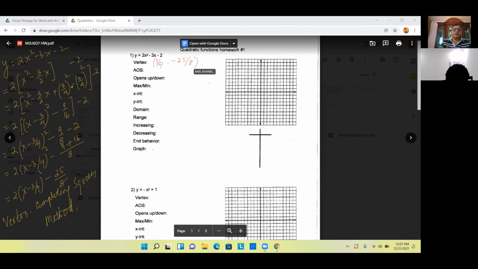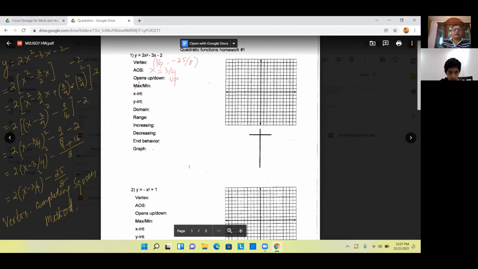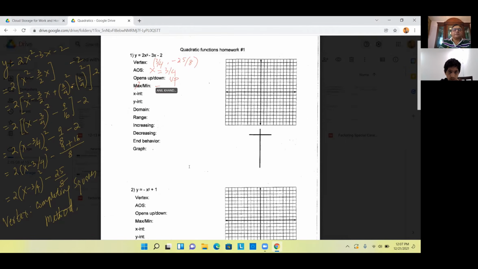What is the axis of symmetry? x equals 3/4. Does it open up or down? Up. Will it have maximum or minimum value? Minimum. And that value will be minus 25 by 8, right?